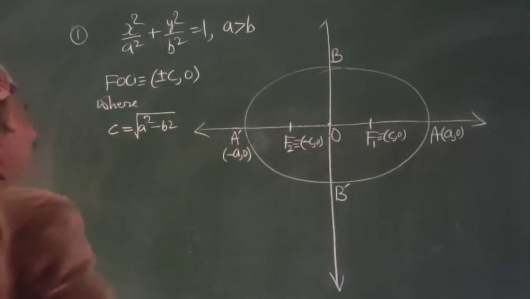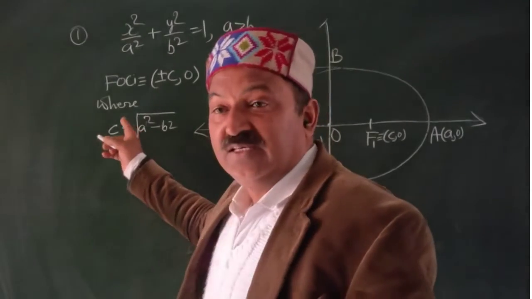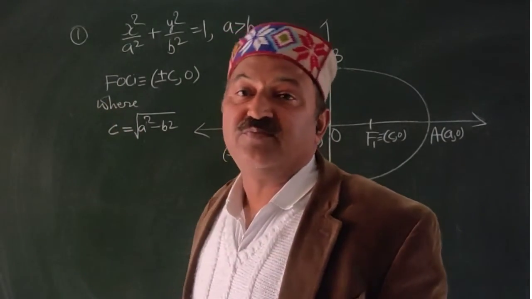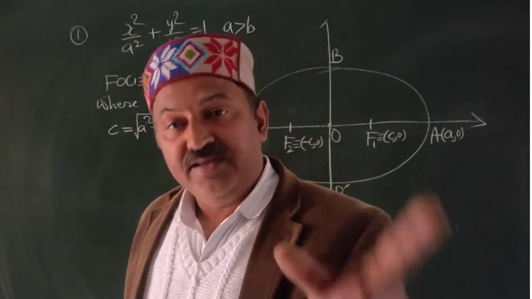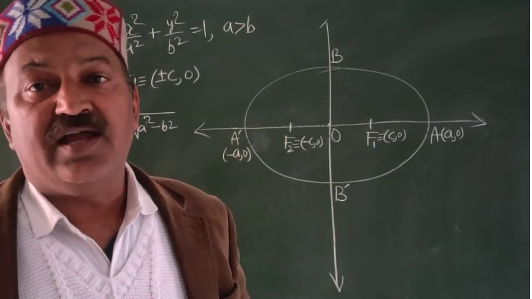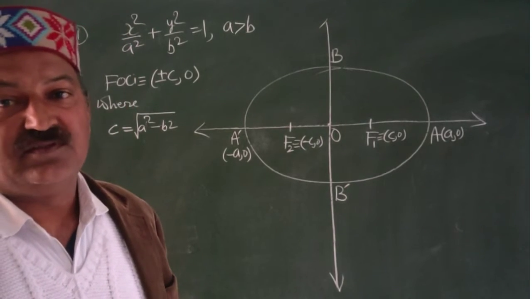This is the formula to find the value of C. C square is equal to A square minus B square, where A is greater than B in case of ellipse, either it is the first type of ellipse or the second type of ellipse.